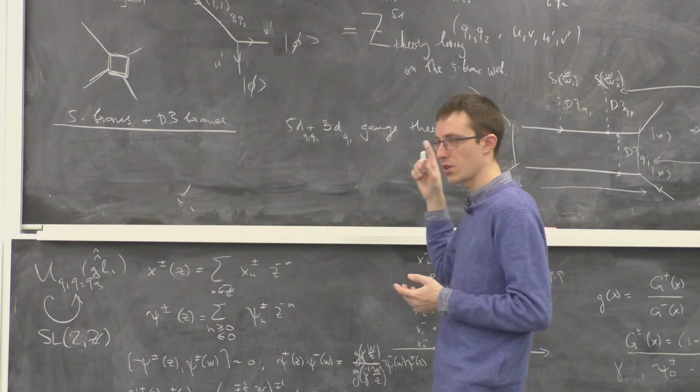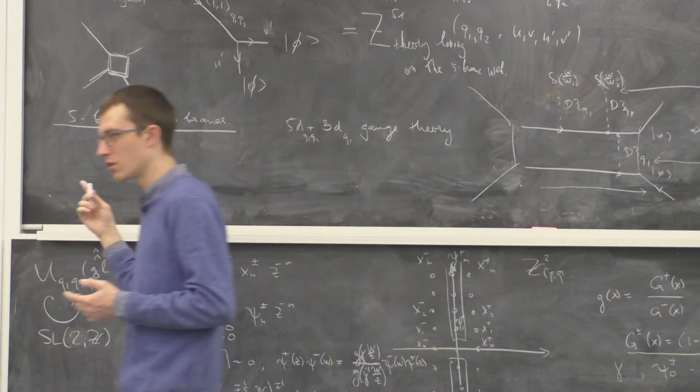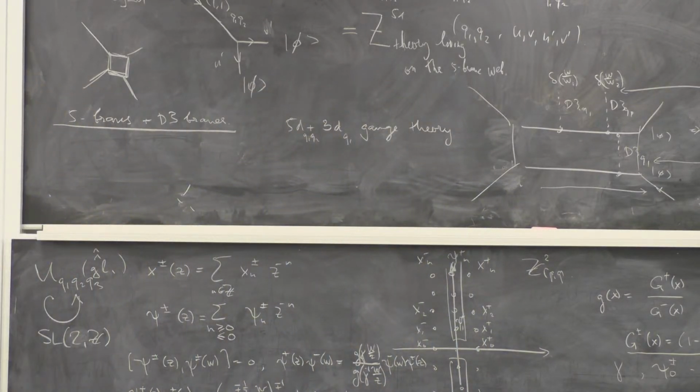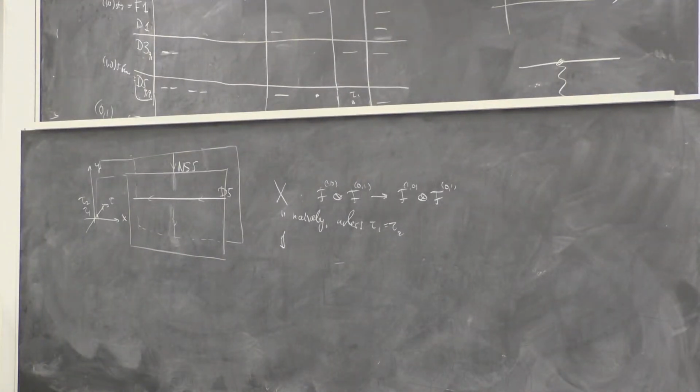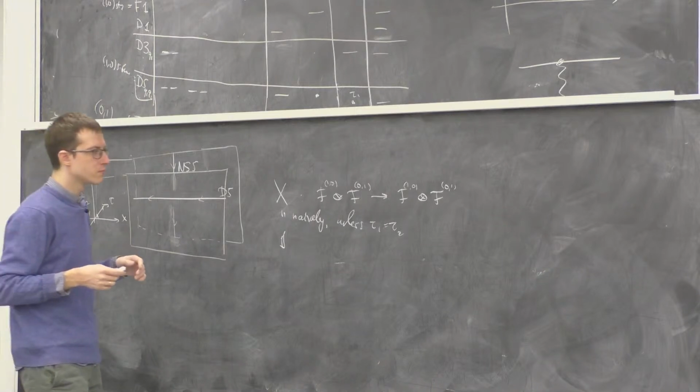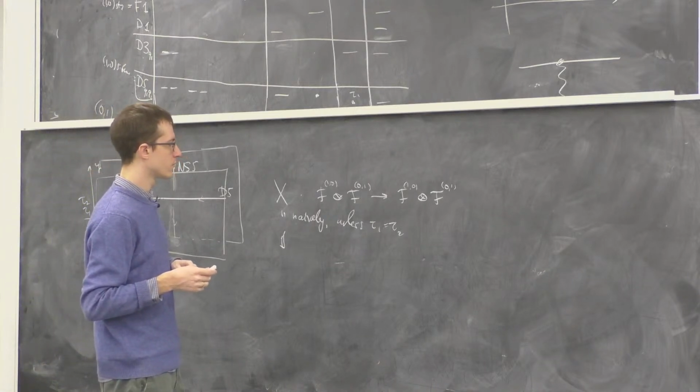It's an intertwining operator, and it's essentially unique, because it should satisfy the intertwining relations, and this constrains the operator almost completely, up to a factor.